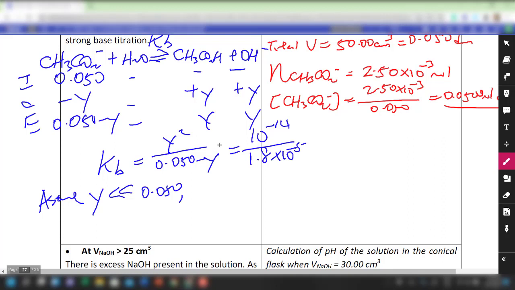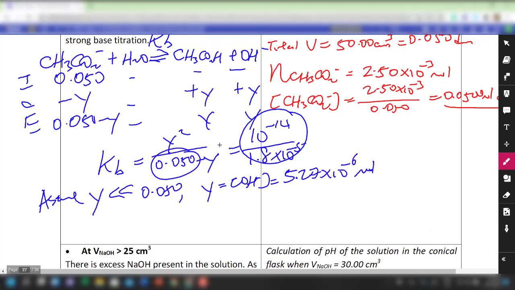So from here I will be able to determine y, which essentially is the concentration of OH minus. Then just punch your calculators, because you know this value, and you assume y is very, very small, so the denominator becomes 0.050. Once you punch the calculator, you should be able to get 5.27 times 10 to the power of minus 6 moles per dm cube.